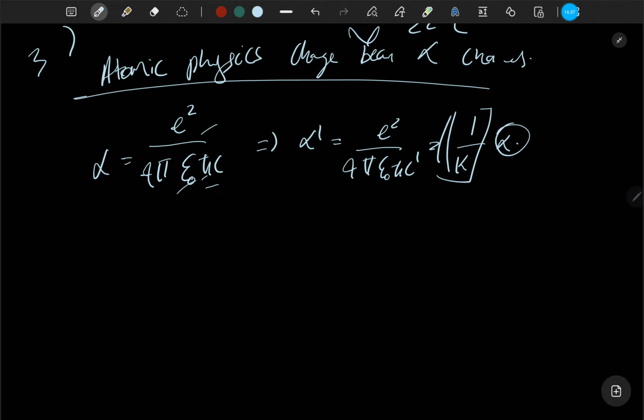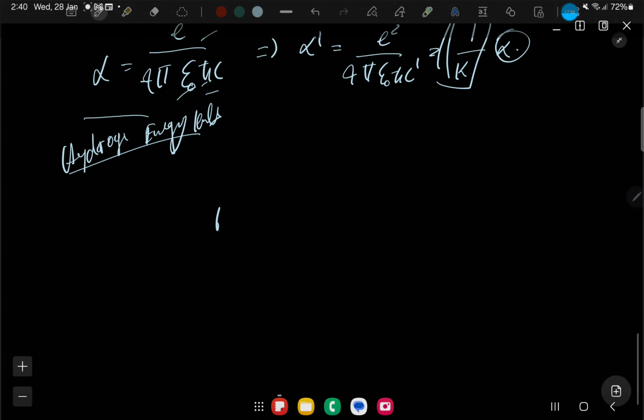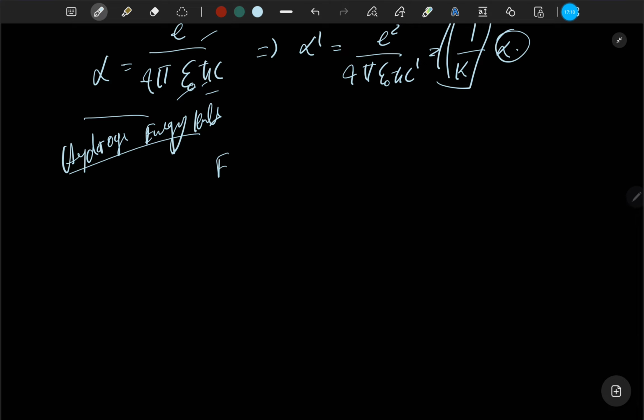And in this, we can also see that the hydrogen energy levels, a standard result after solving the Schrodinger equation in a Coulomb potential, that is the gross structure scales like E is approximately minus 1 by 2 m e c squared alpha squared by n squared. Right.